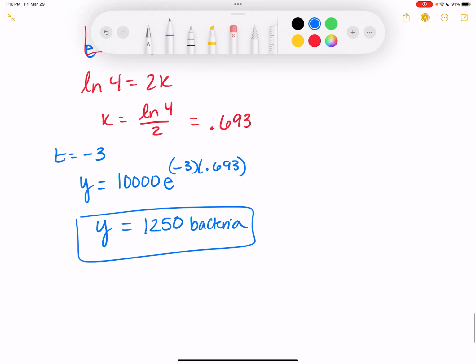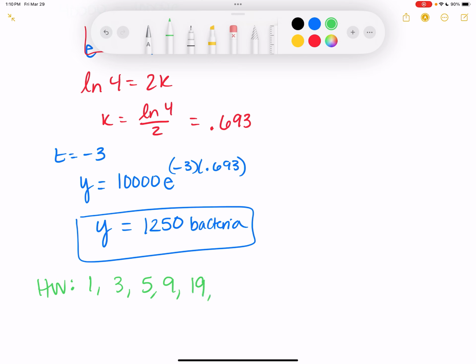So problems at this point: 1, 3, 5, 9, 19.